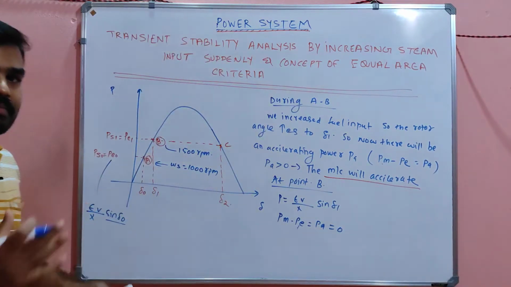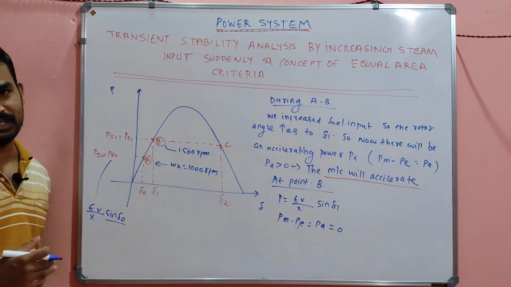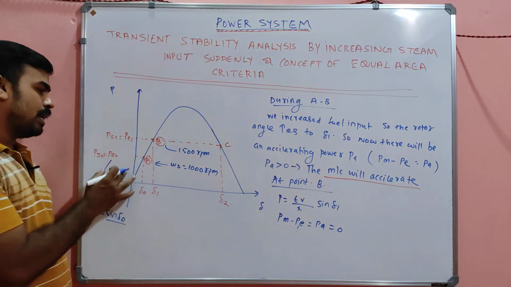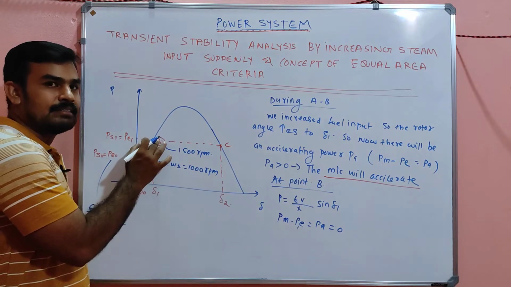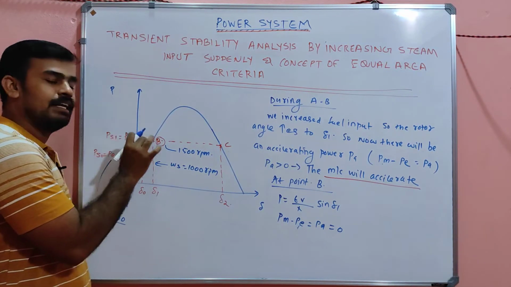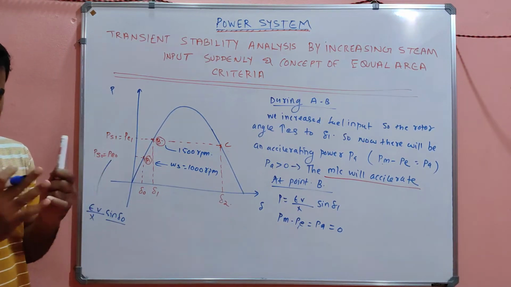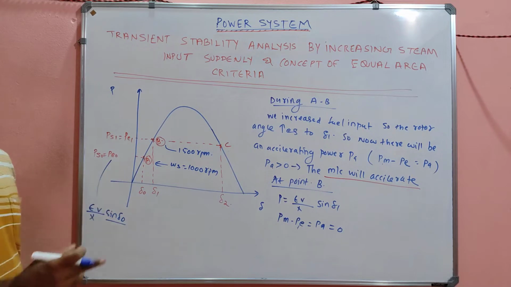That means there will not be any acceleration at point B. Initially from A to B it was accelerating, but when reaching point B, whenever the electrical and mechanical power are equal, at that time there will not be any acceleration, so PA is equal to 0.